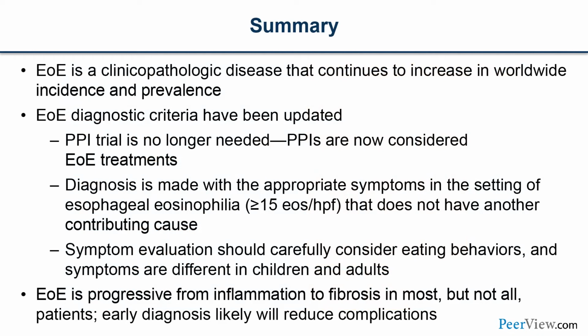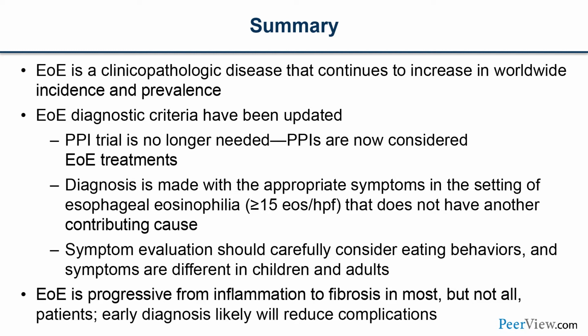So in summary, EoE is a clinical pathologic disease that continues to increase in worldwide incidence and prevalence. The EoE diagnostic criteria have been updated. And so remember, it is clinical pathologic, so you need the symptoms and you need the histology. The PPI trial is no longer needed for diagnosis. The PPIs are now considered to be EoE treatments.